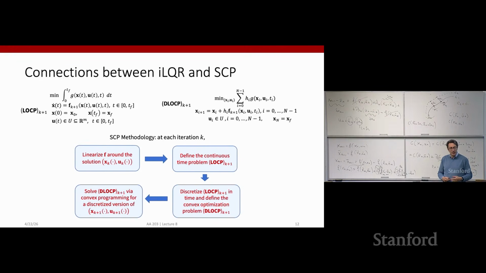Now, historically, LQR was one of the most popular algorithms because it's super easy to implement, Riccati equations plus some linearizations. These days, embedded convex programming solvers have become so powerful that even though you have to solve an online optimization through iterations, it's not too bad. So SCP has also become a fairly popular direct optimization algorithm.